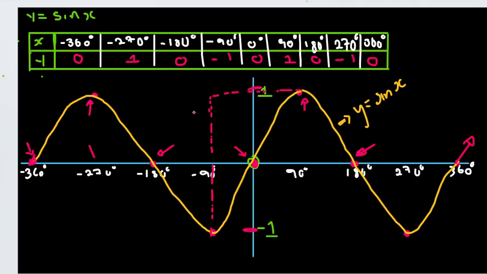This distance is called the amplitude. Sorry for my spelling. Amplitude. Okay.